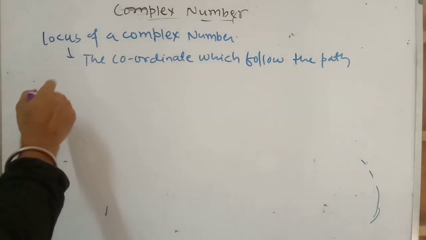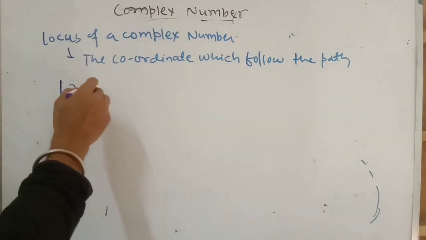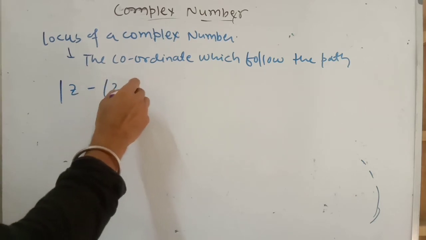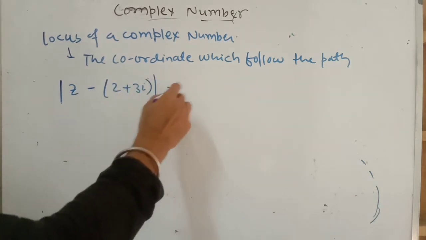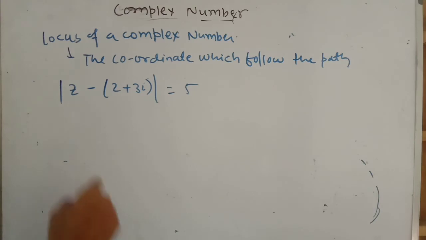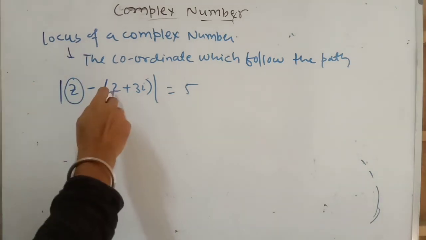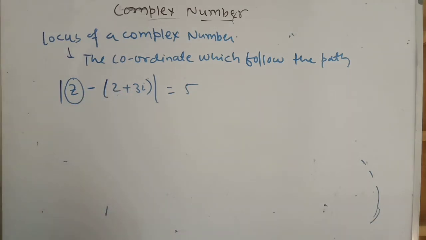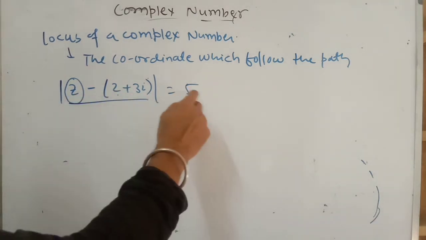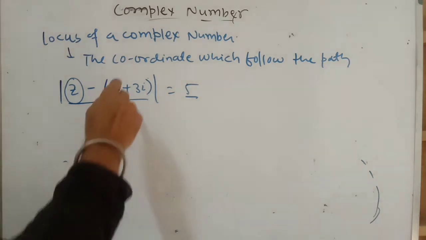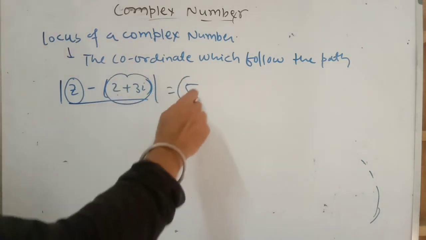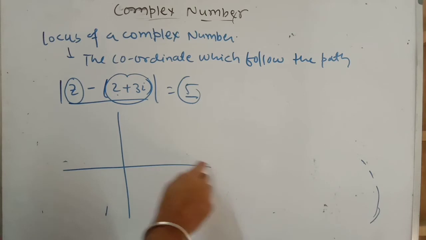Let me take an example: modulus of z minus the complex number 2 plus 3i equals 5. That means the coordinate of z in the Argand plane from the complex number 2 plus 3i has a constant distance equal to 5. So that means it has a center and a radius. Let me draw the Argand plane.